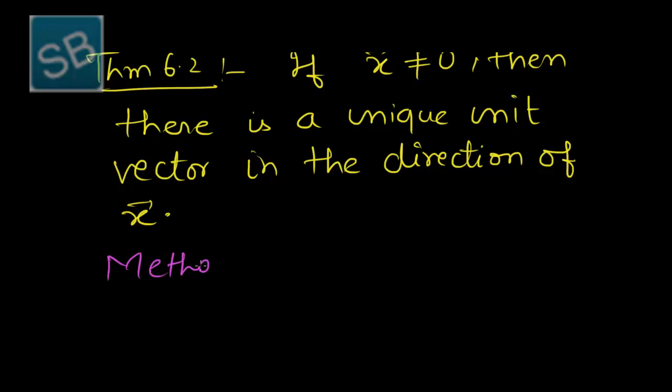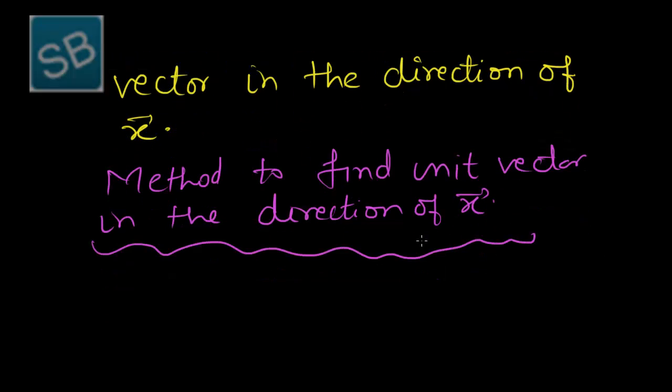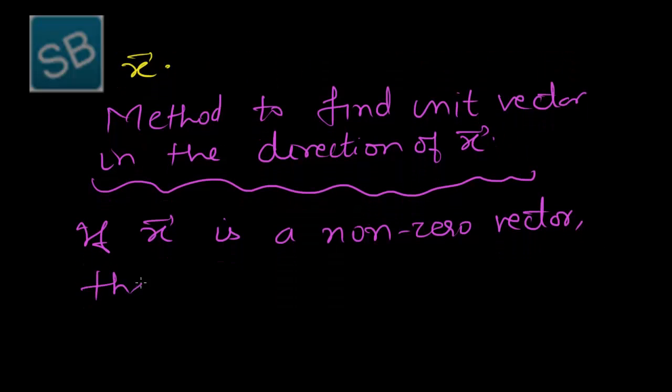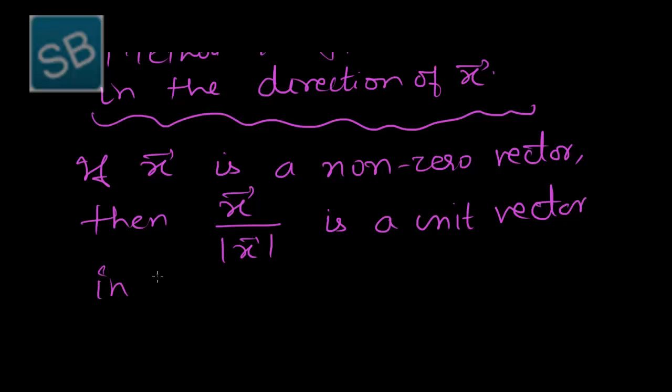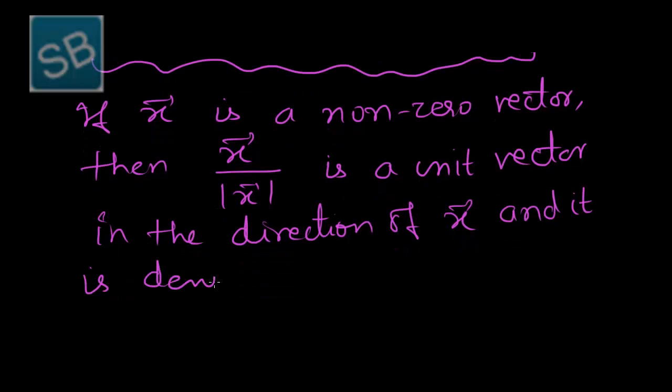If vector x is a non-zero vector, then vector x over its magnitude is a unit vector in the direction of vector x, and it is denoted by unit vector x.